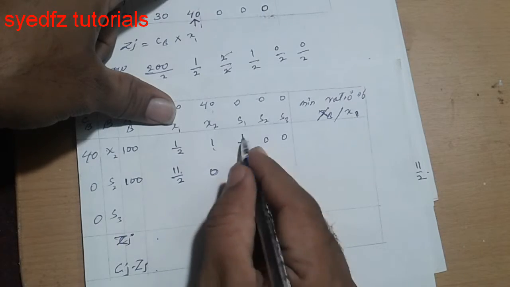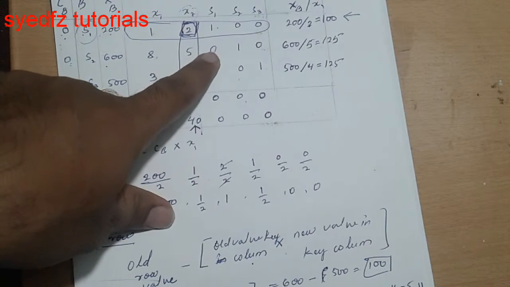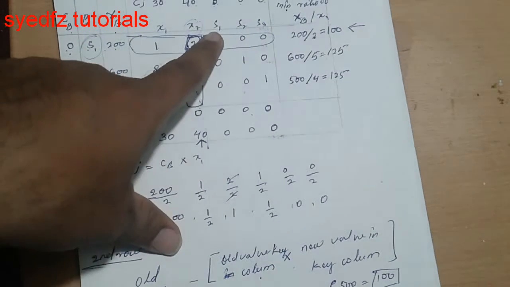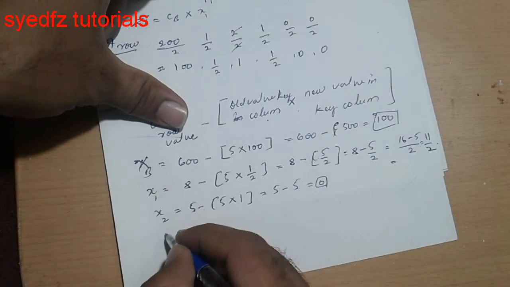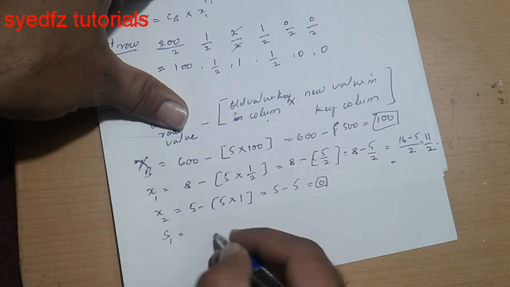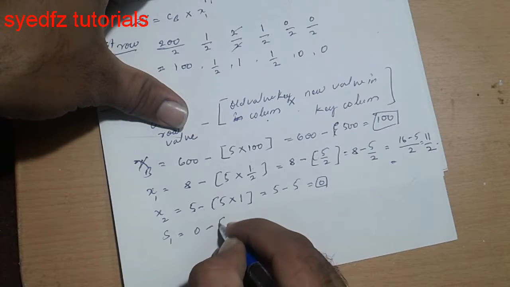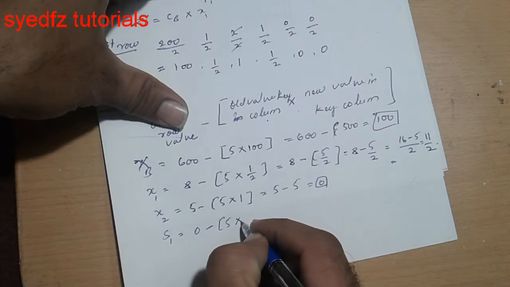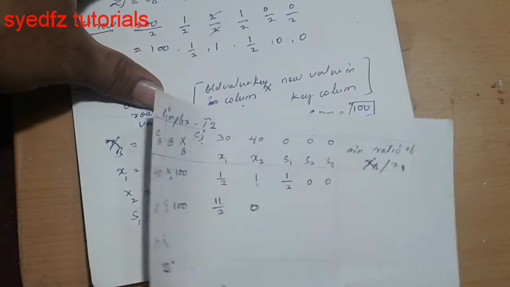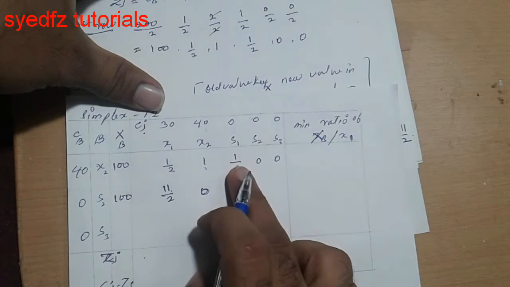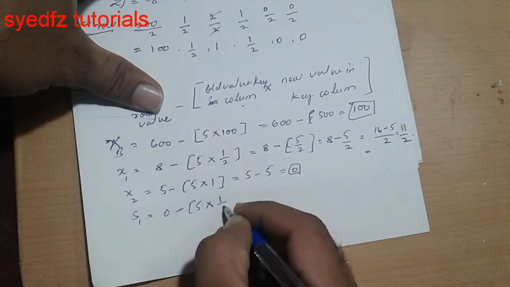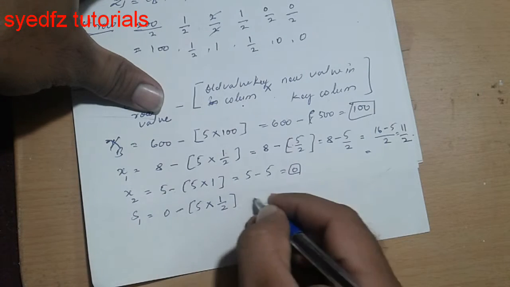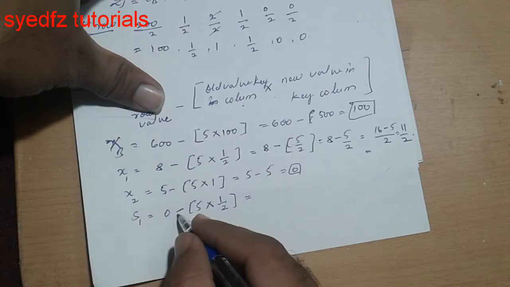Now for S1, what is the old value in S1? 0. S1 old value 0 and key column is 5, and the new value should be checked in the next table. The new value is 1 by 2, 1 divided by 2. The 0 should be 0.